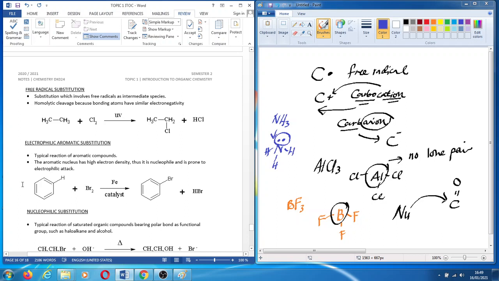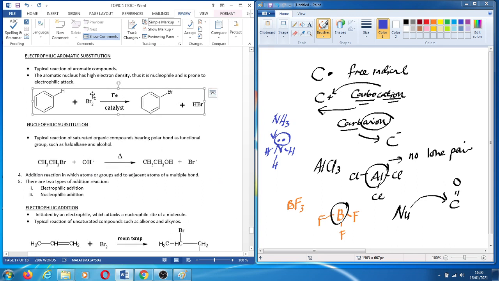This will be your nucleophile, my dear, rich in electrons: double bond, double bond, double bond, and is prone to electrophilic attack. Thereby, when we use Br2 with Fe as the catalyst, you will get the substitution. Hydrogen will be replaced by Br. This we call electrophilic aromatic substitution.